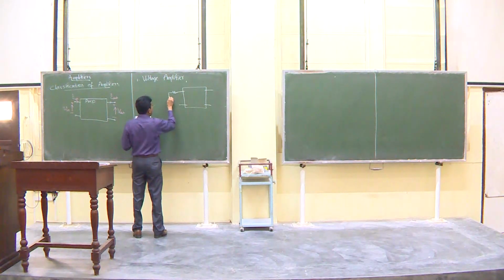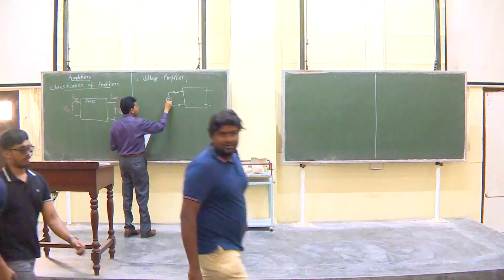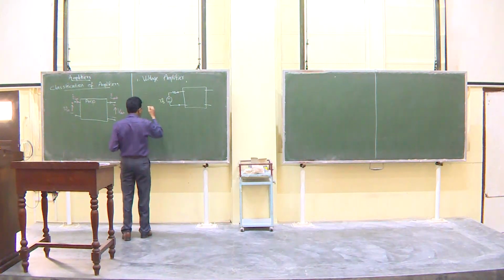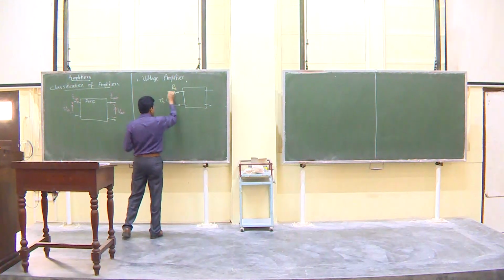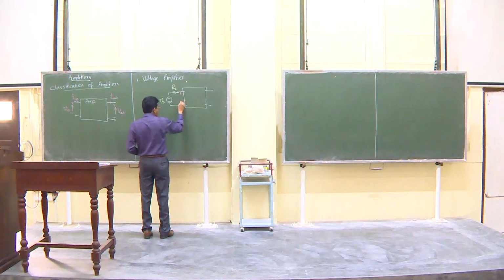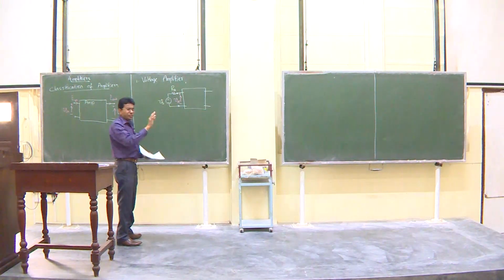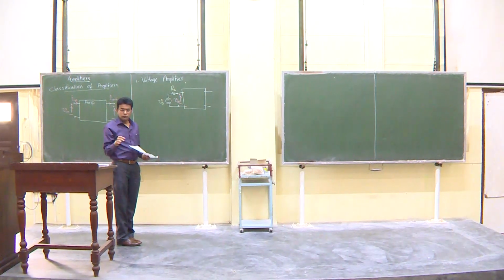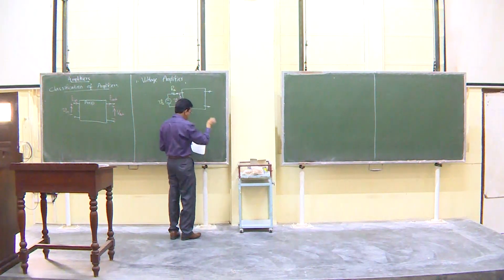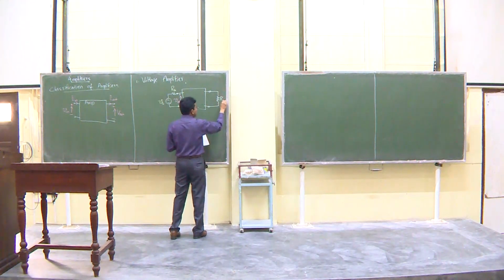So my source voltage is Vs and the source resistance is Rs, and the voltage input to this circuit is V in. I don't really care about the current. When you connect it outside, I can load it using a resistor. So this is the load, let it be RL.